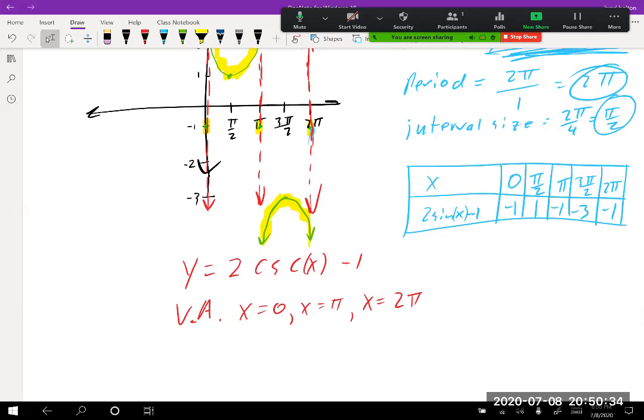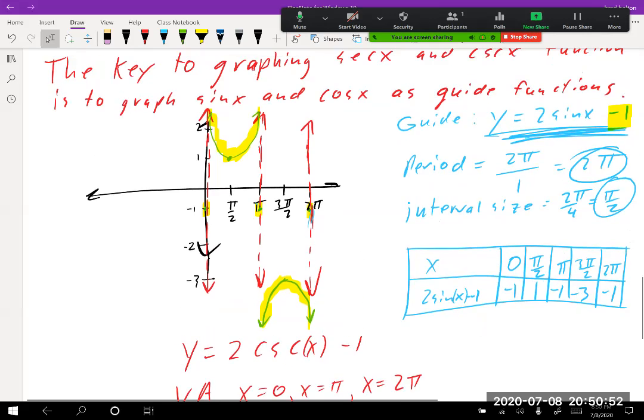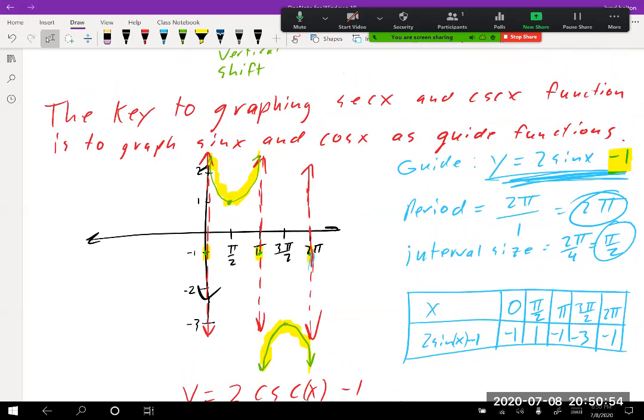And vertical asymptotes would occur at all multiples of pi, okay? Because that's what would make sine 0 in the denominator, okay? So these are a little bit trickier because you have to graph another graph first and then get rid of it and then go back and graph this. But secant and cosecant are still based on sine and cosine, okay?